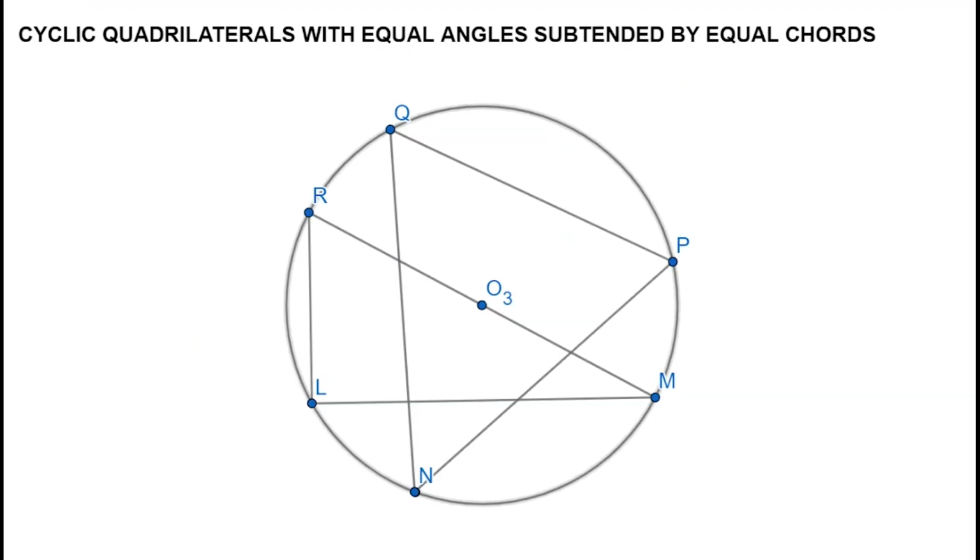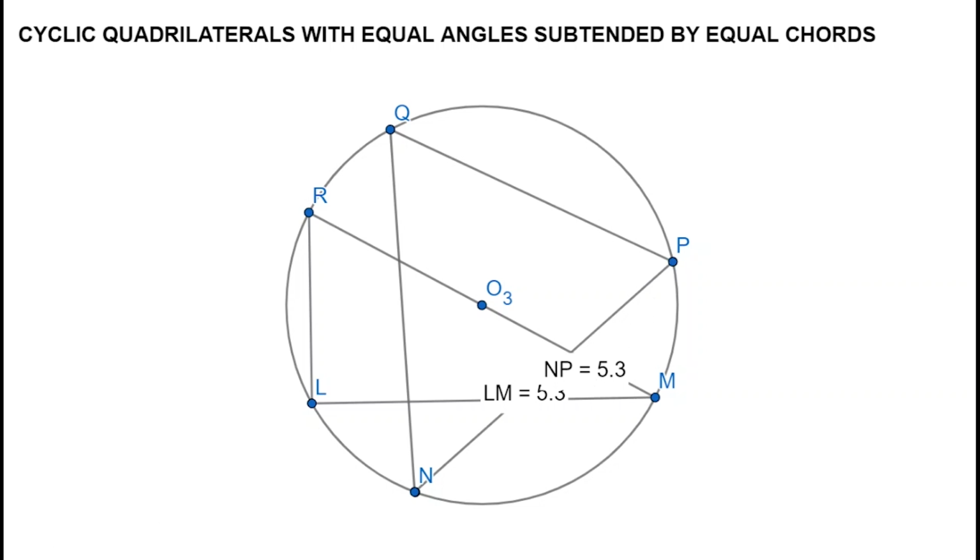Last but not least, this is the other important theorem which speaks of equal angles which are subtended by equal chords. Let us take any two equal chords and check whether that is correct again. Let me measure this chord LM. It gave me 5,3. Let me measure this chord NP. It also gave me 5,3.